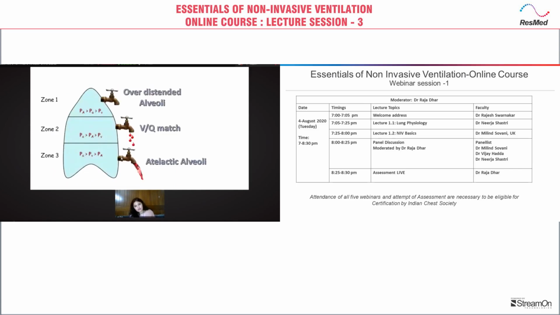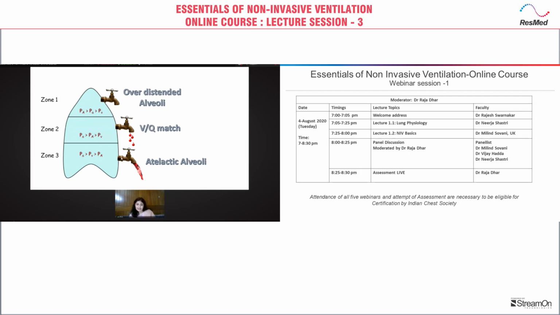Now where is this VQ? Do we have a good VQ ratio in all parts of the lung? No. Physiologically also, there's heterogeneity in this VQ matching. If you talk about the apex of the lung, the alveolar pressure is more there, so they are over distended.